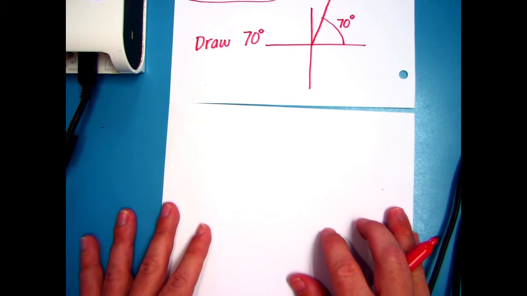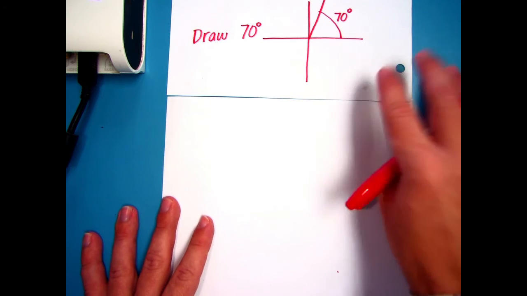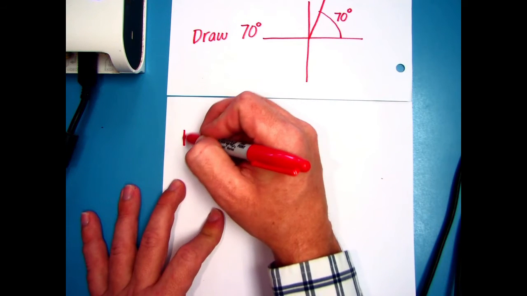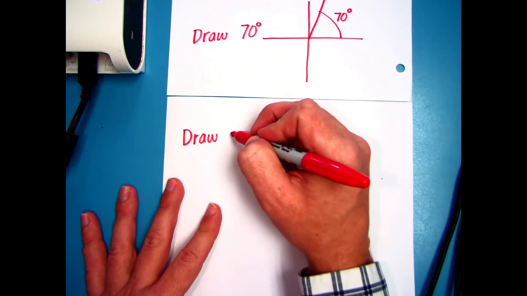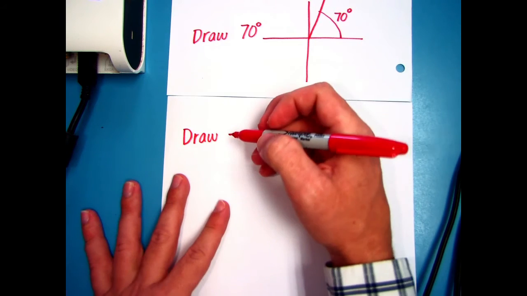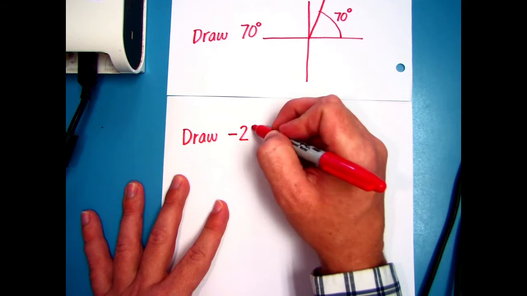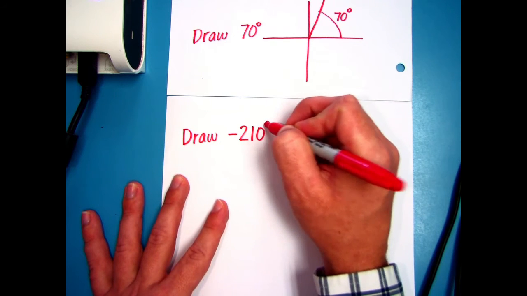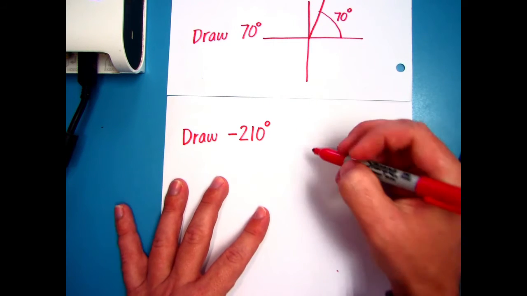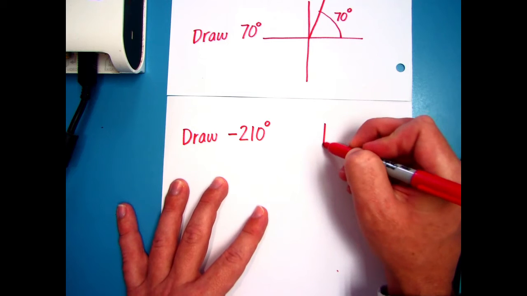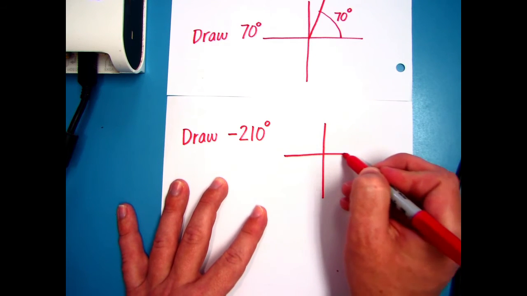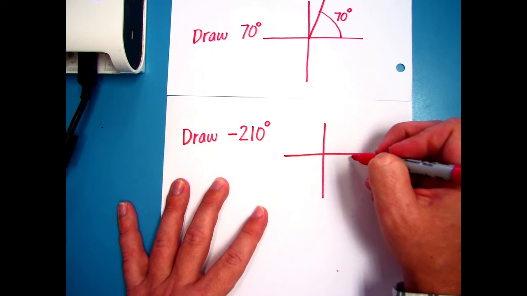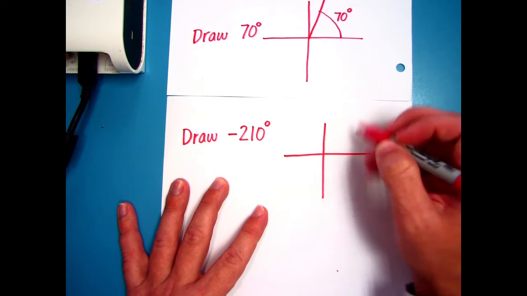Let's draw a negative angle this time. Let's draw negative 210 degrees. Start with your XY axis. Start on the initial side.